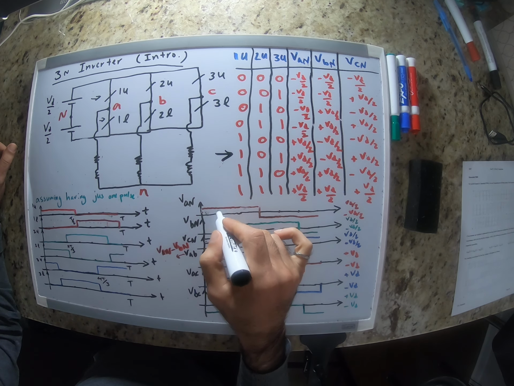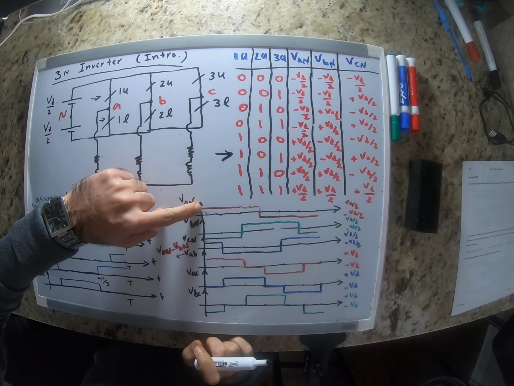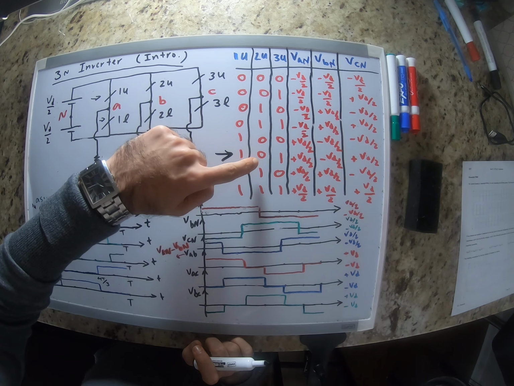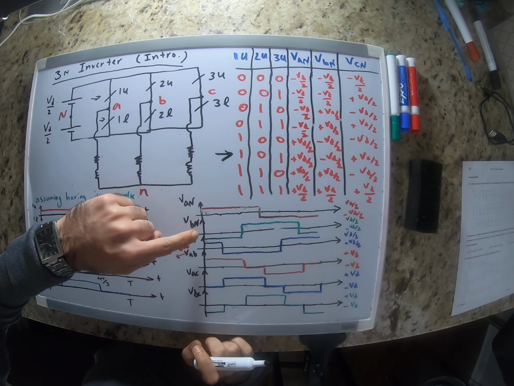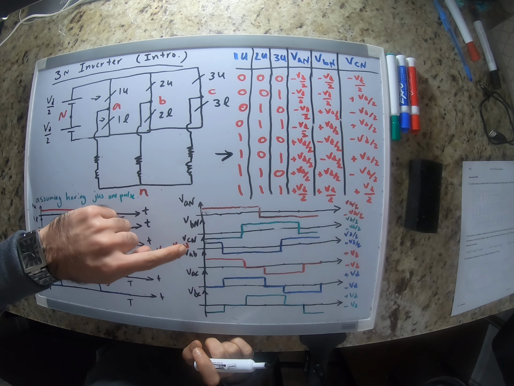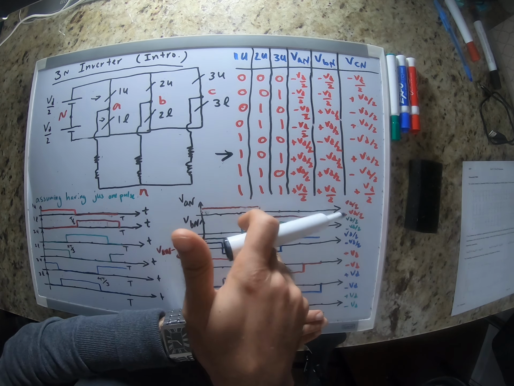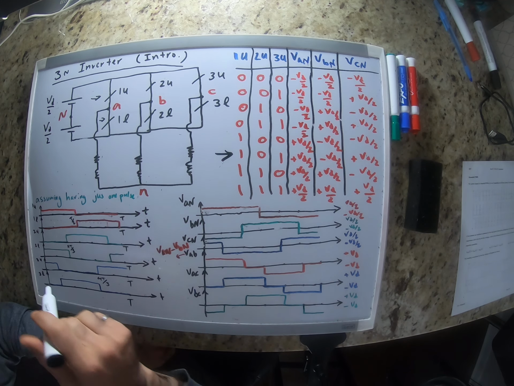So here VAN is going to be VD over 2. VBN is going to be negative VD over 2. And VCN is going to be positive VD over 2. Let's just focus on the phase voltages first, and we move on.